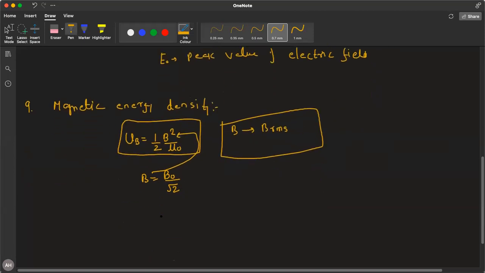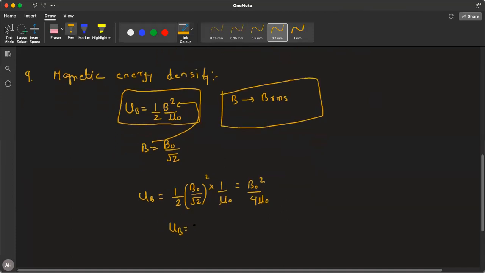Then the magnetic energy density comes out to be half, B naught over root 2 square, into 1 by mu naught. So that's B naught square by 4 mu naught. This is magnetic energy density in an EM wave.